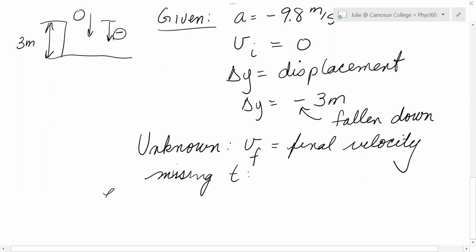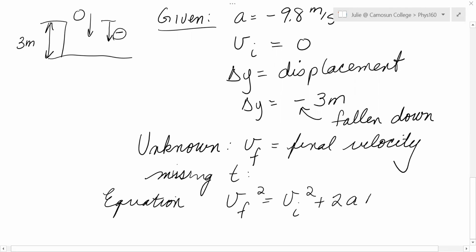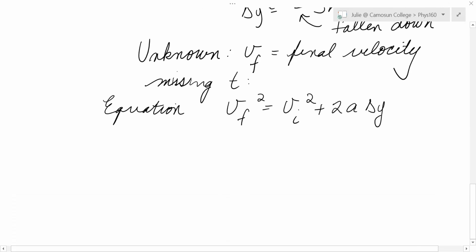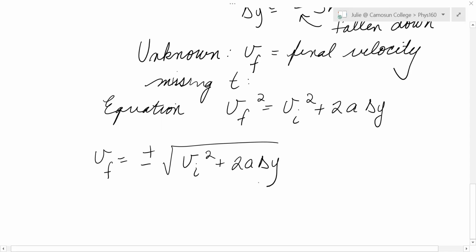And so the equation is vf squared is vi squared plus 2a delta y, or delta x if you like, it doesn't matter. Okay, now we have to rearrange that. It's already rearranged appropriately, but we have to solve for vf. And remember, when you take the square root, you go plus or minus the square root of vi squared plus 2a delta y. And we have to choose which one it is.